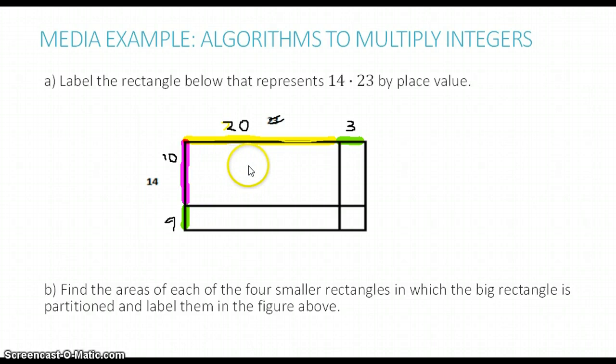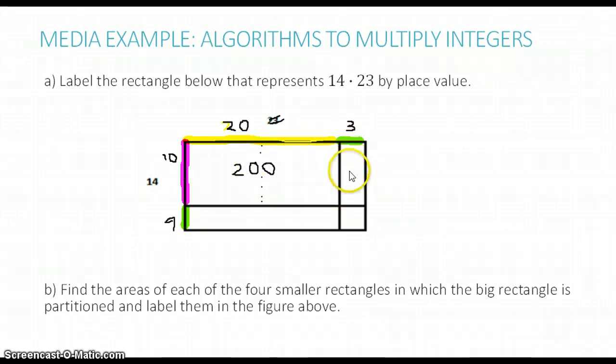This rectangle right here is 20 by 10, and 20 times 10 is 200. So the area in here is 200, and remember this makes sense, because when we partitioned them using base blocks, this was our 2 flats right here.